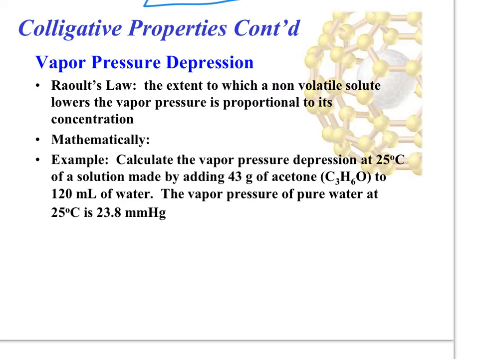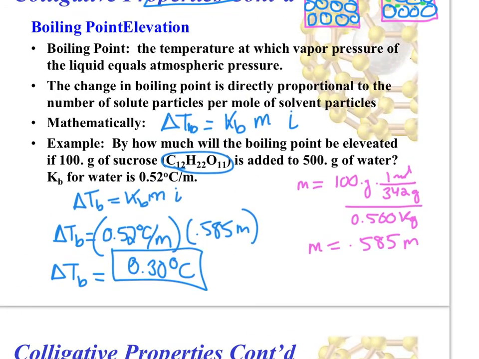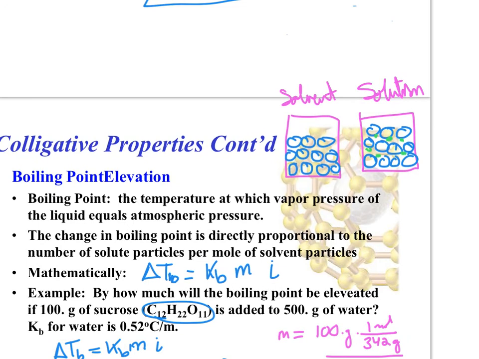The third and final colligative property we're going to look at is vapor pressure. And so if you remember, vapor pressure is the pressure on the surface of a liquid caused by the vapor from that liquid. And so I'm going to go back to my particle diagrams here and talk about vapor pressure. So remember that in a liquid, some particles are moving fast, some are slow.